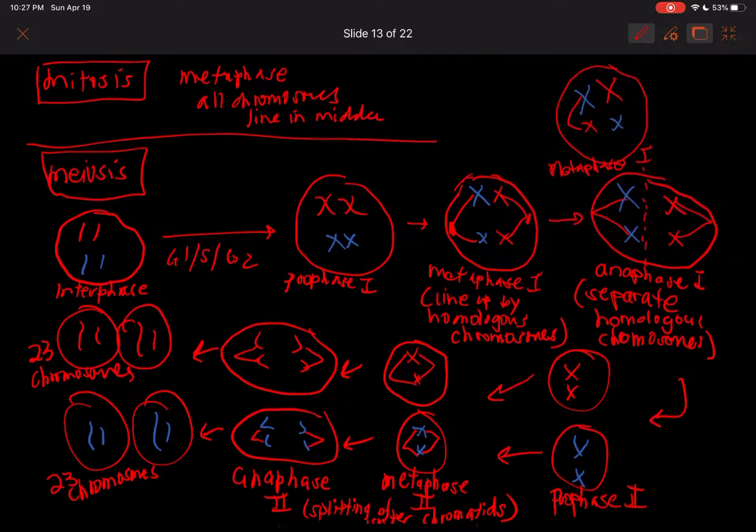Okay, and that's how that metaphase 1 would look if we're talking about different alignment due to independent assortment. My handwriting is bad on the iPad, but you know what I'm talking about as I'm speaking those different words. Okay, all right, so make sure you understand that.